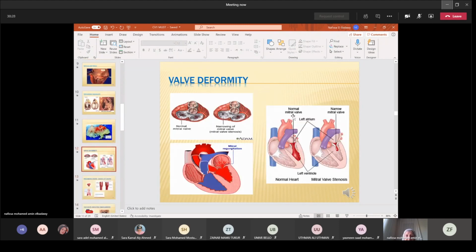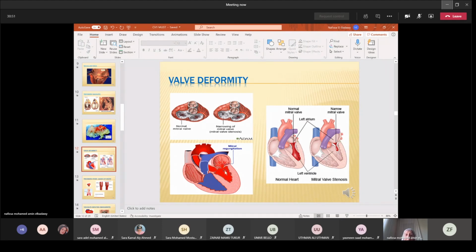This is another photo that shows mitral regurgitation, where the blood, when the mitral valve closes, gets back into the atrium again, because it does not close very well.